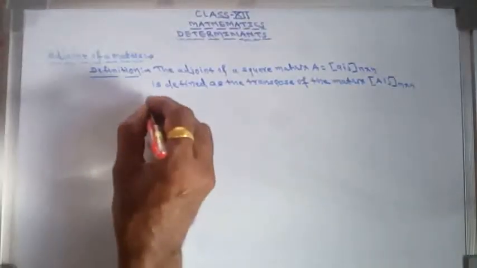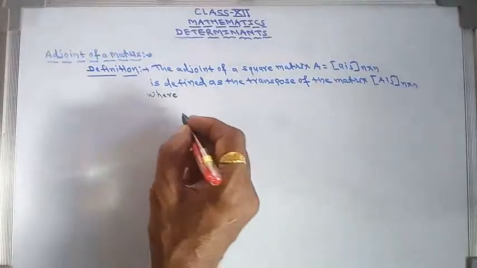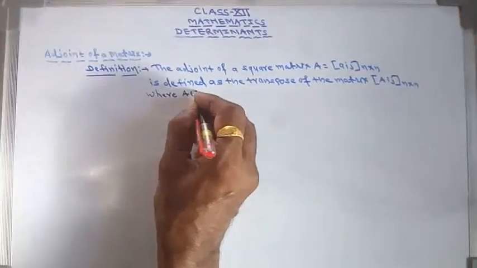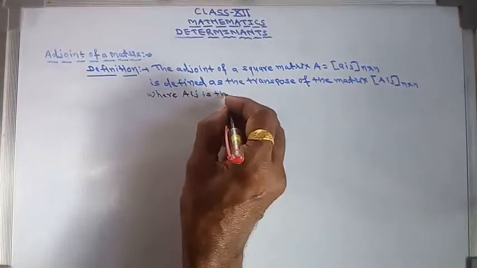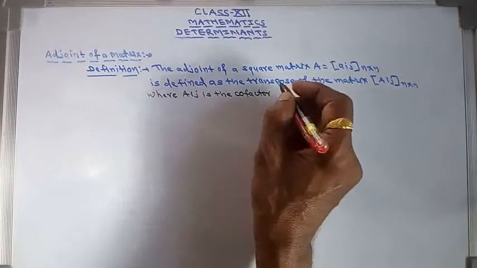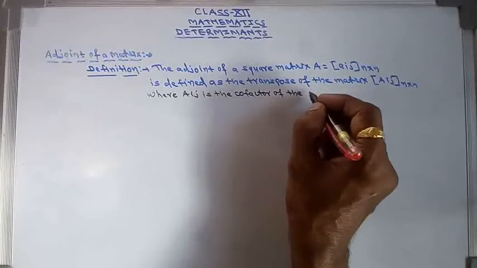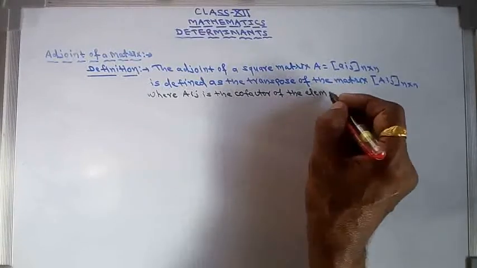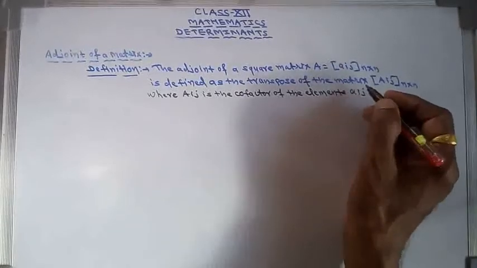Where capital Aij is the cofactor of the elements small aij.